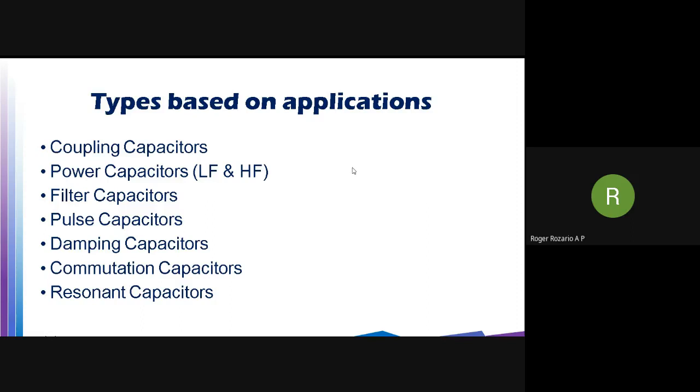And there will be resonant capacitors because of the resonant property. If you combine L and C, there will be resonance. Because of this resonance, these capacitors are called resonant capacitors, used in resonant DC-DC converters. So these are the applications of different types of capacitors.